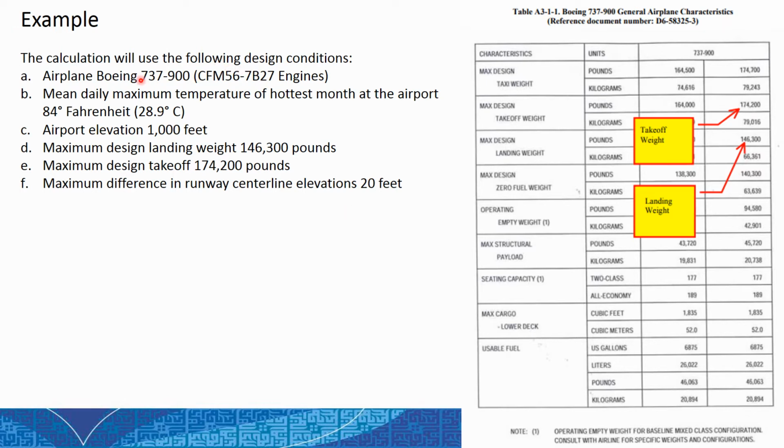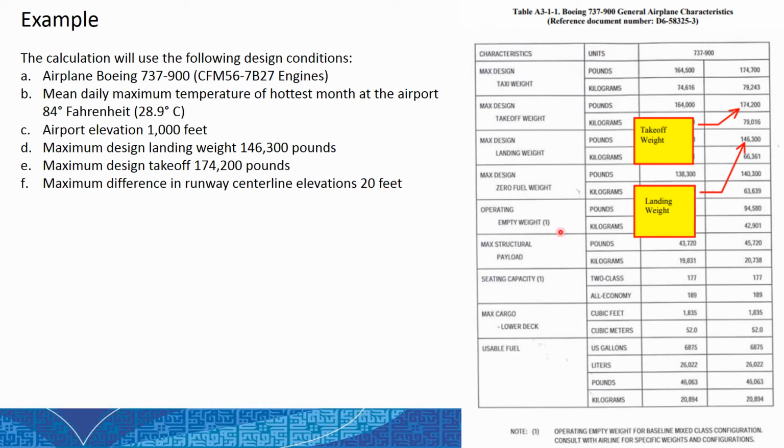The design conditions are: we will make the runway for airplane Boeing 737-900, with mean daily maximum temperature of the hottest month at the airport of 84 degrees Fahrenheit, airport elevation at 1000 feet, and the maximum landing weight is like this, and this is for the maximum design takeoff, and the maximum difference in runway centerline elevations is 20 feet.